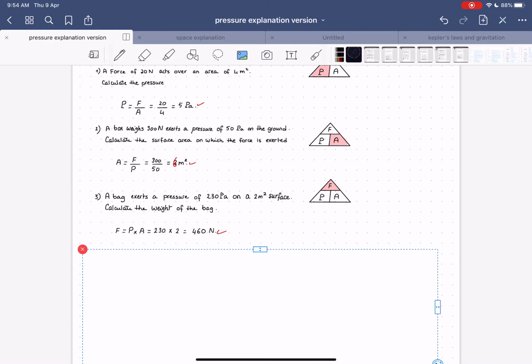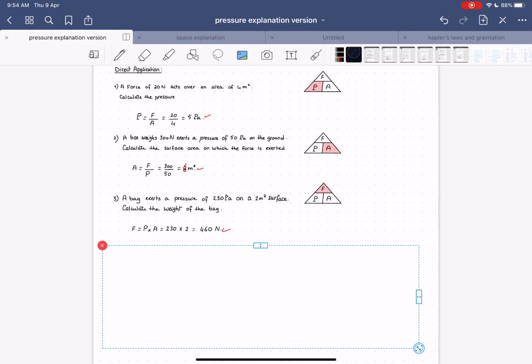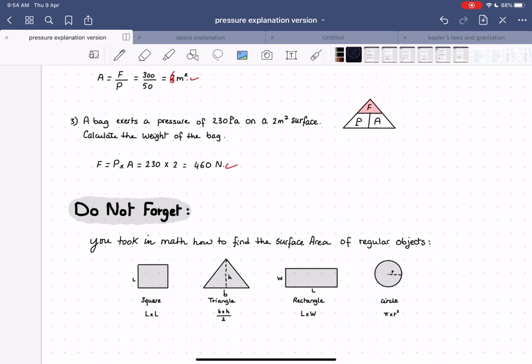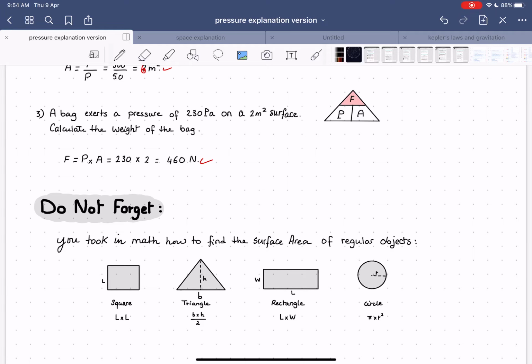But unfortunately, the questions aren't always as easy as the direct application. Sometimes they don't give you the surface area A. Instead, they give you a regular geometrical object, and they ask you to find the pressure. So first, you need to find the area by applying the mathematical rule to get the surface area, and then you can proceed to get whatever other variable you need in the question.